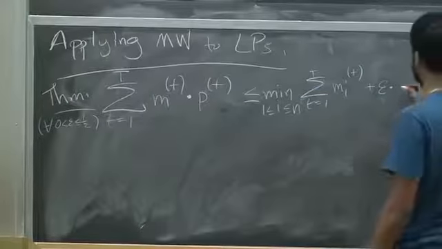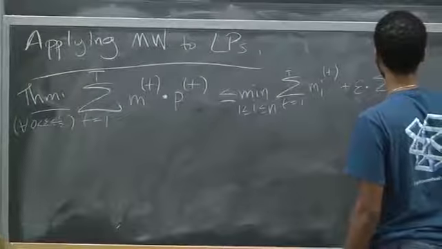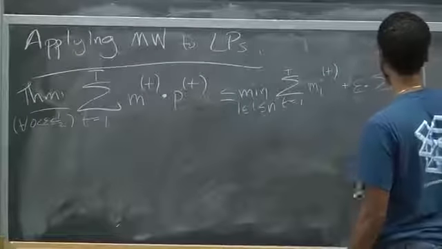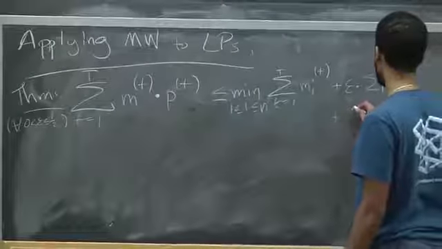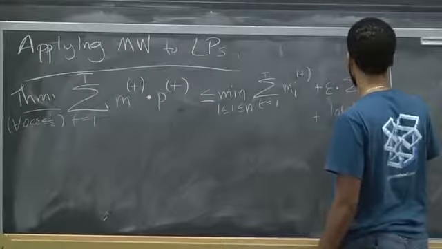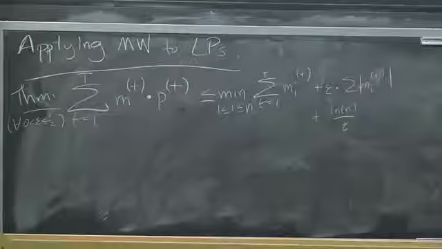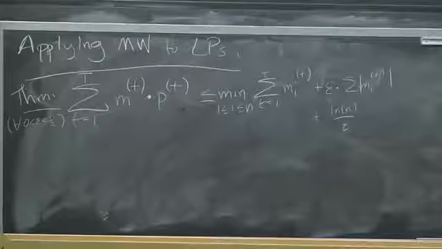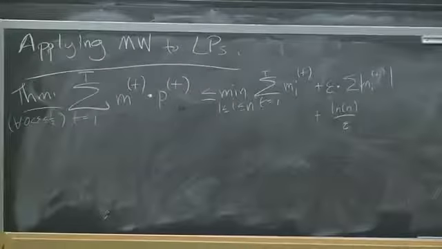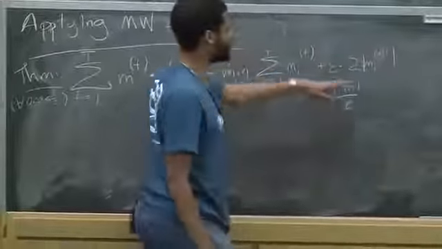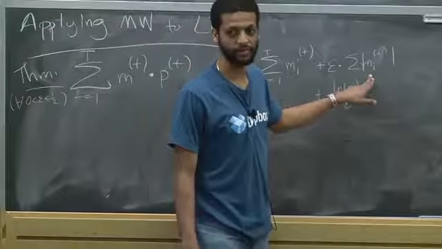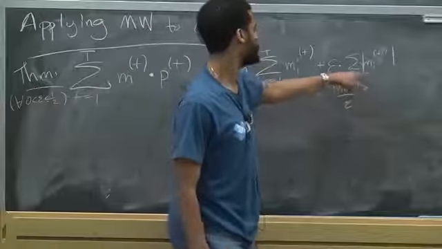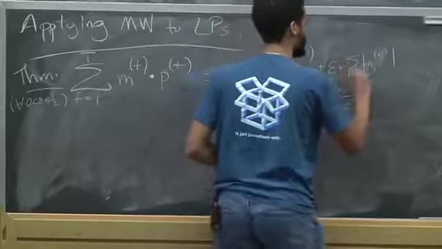That was the theorem from last time. And remember we assumed that all the entries of these cost vectors are between -1 and 1.